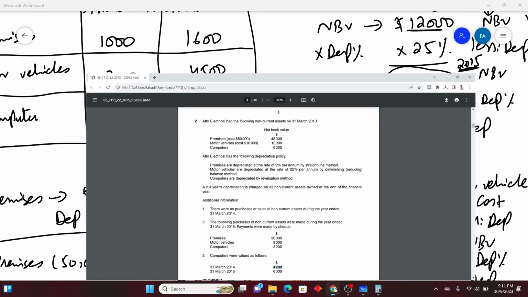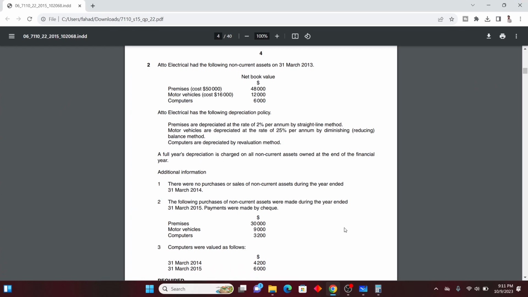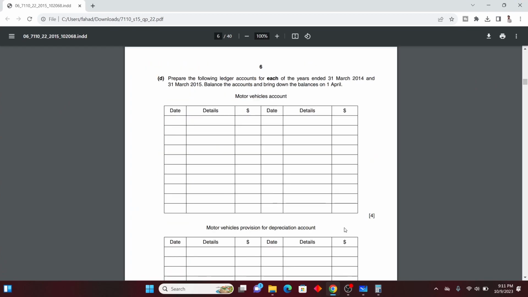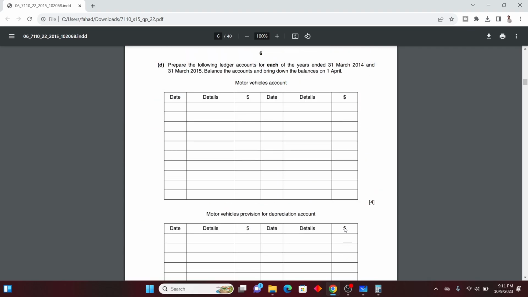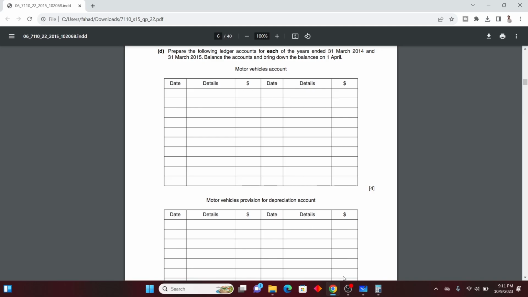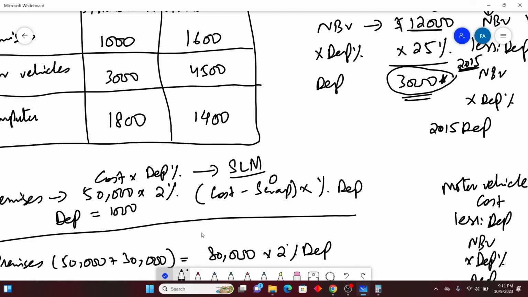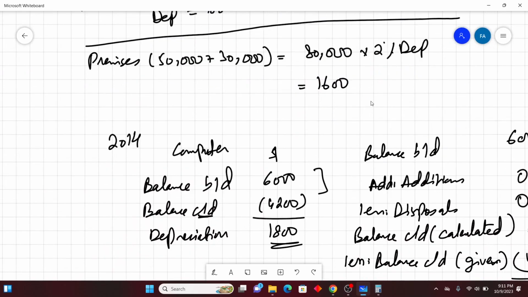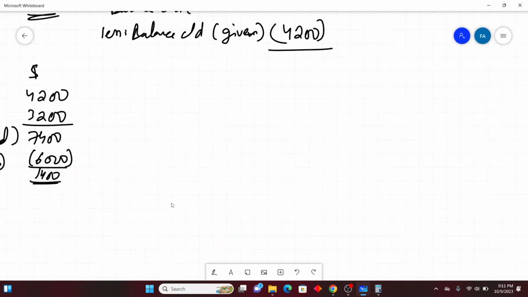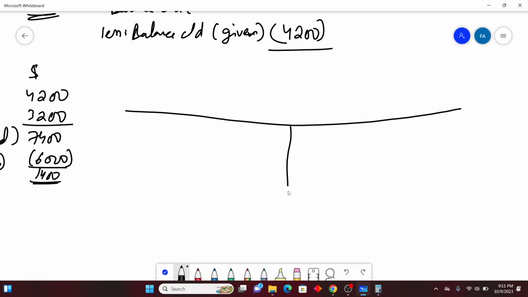So we have solved the third part, I guess. Now we have to make the motor vehicles T account, and we have to make the motor vehicles provision for depreciation account, which is very easy. So let's come back. Sorry, I did this. So we have to make the motor vehicles T account.